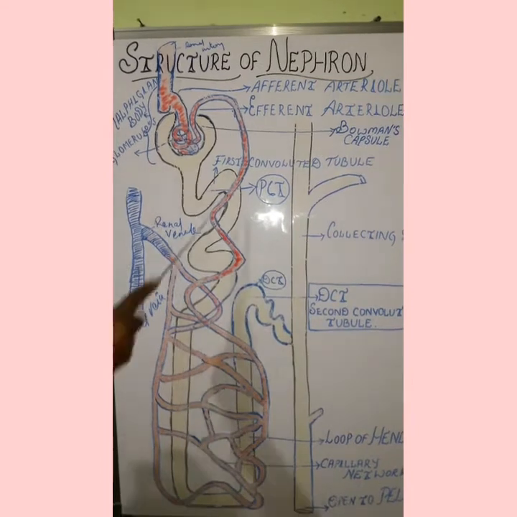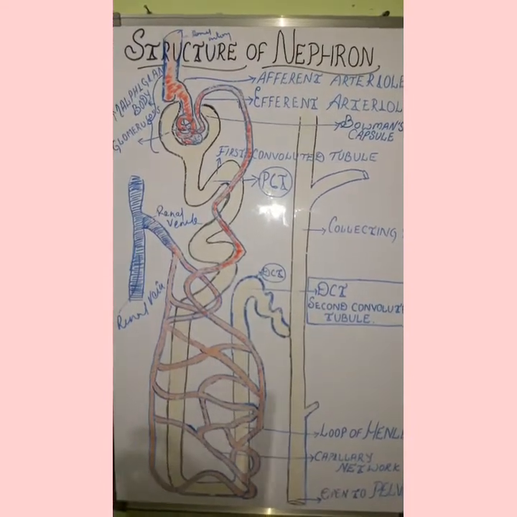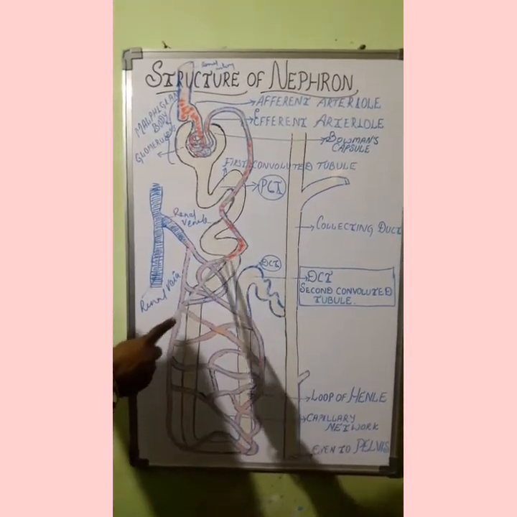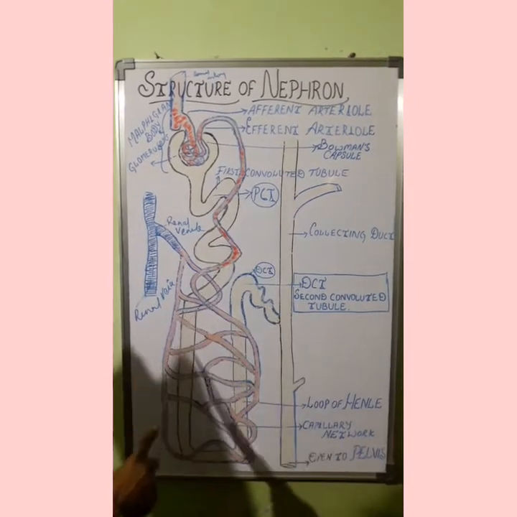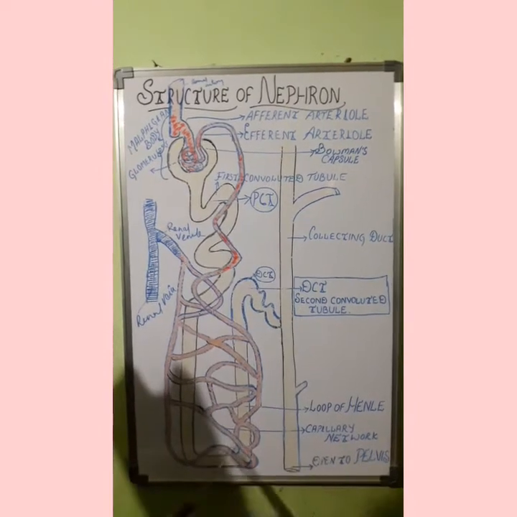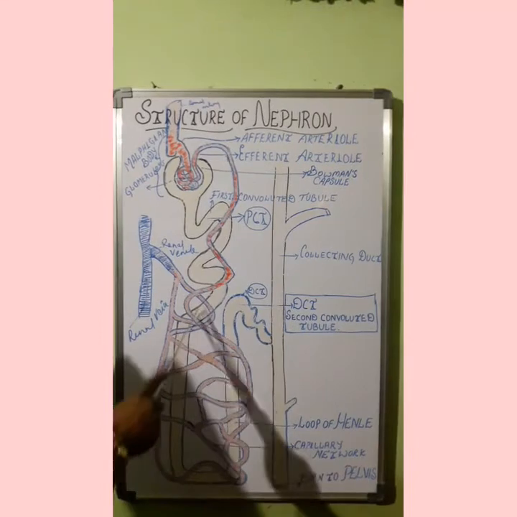Now we can see the blood capillaries forming a network. We can see the network of capillaries around the Henle's loop, that is the renal tubule.